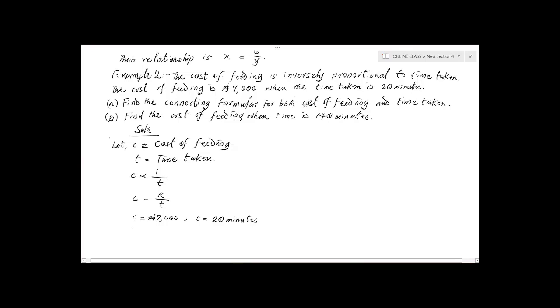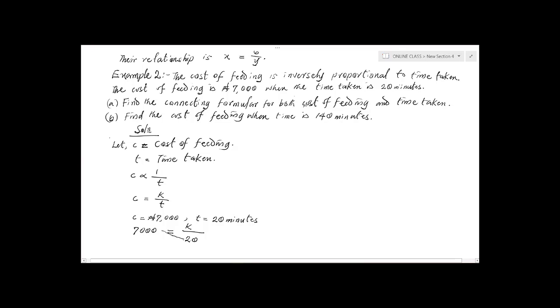C is 7,000, equals K, we don't know K, divided by 20. Now we cross multiply.